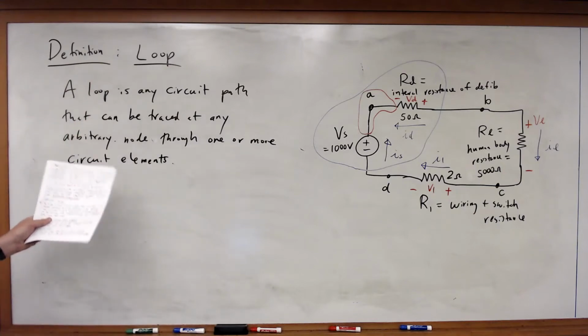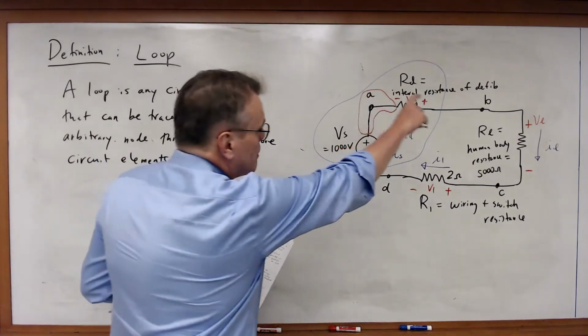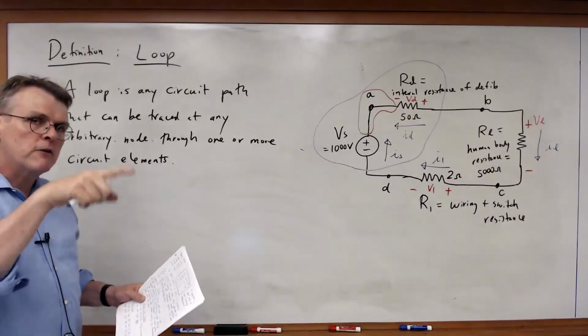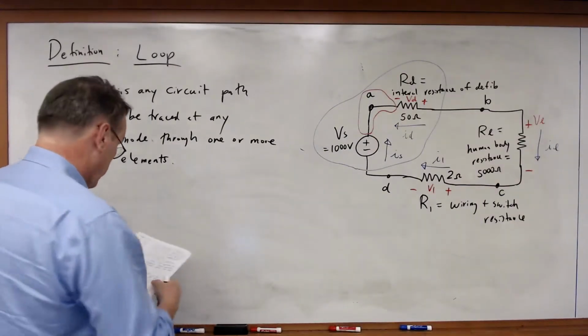In addition, it must return to its starting point without passing through any other intermediate node more than once.